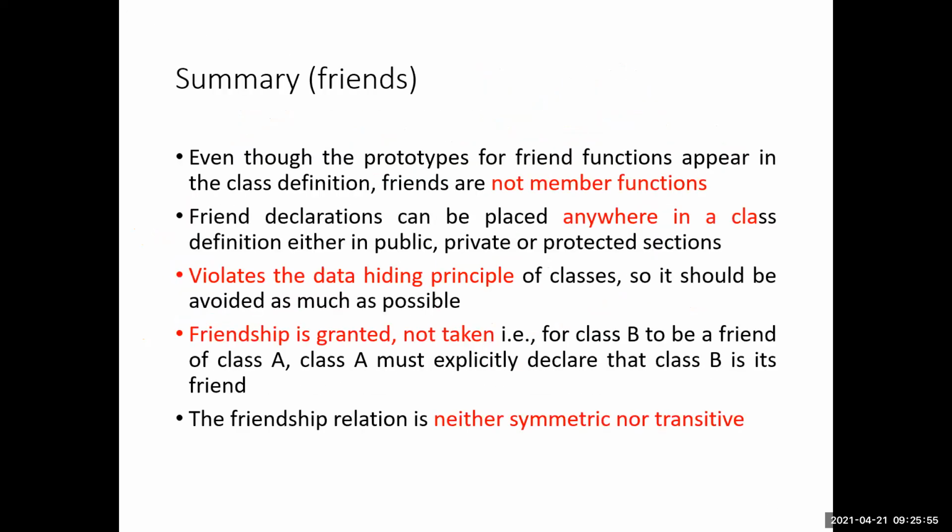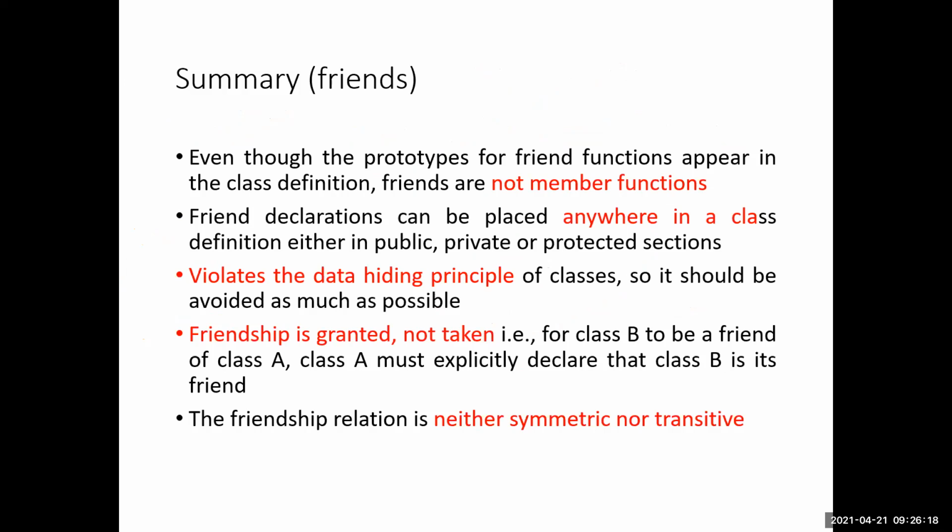So now we can summarize our discussion on friend functions and friend classes, right? Just a quick summary of all we have seen so that if something comes to your mind, we can discuss that. We say that friend functions are non-member functions. They are global standalone functions, but they are allowed access to the private data of a class in some special cases.